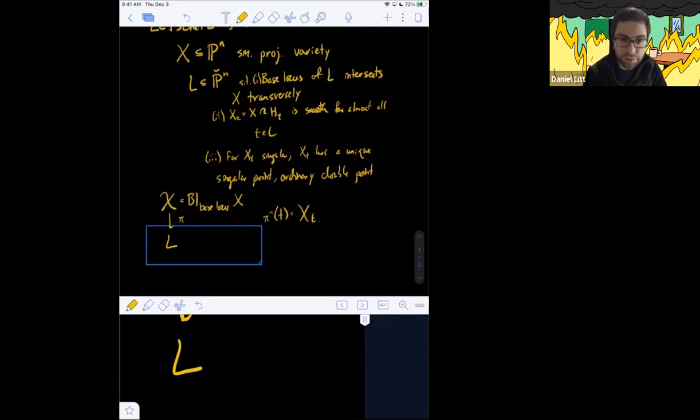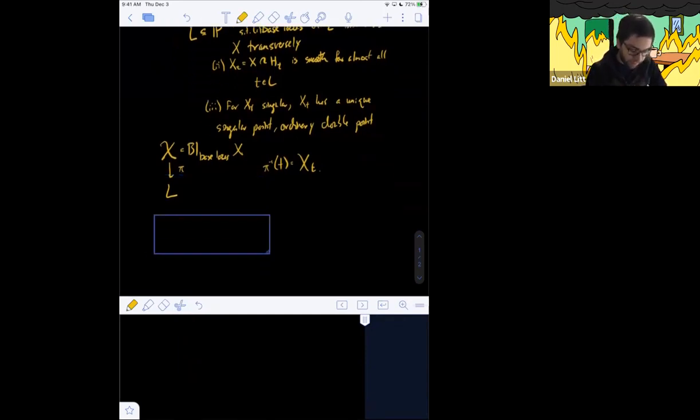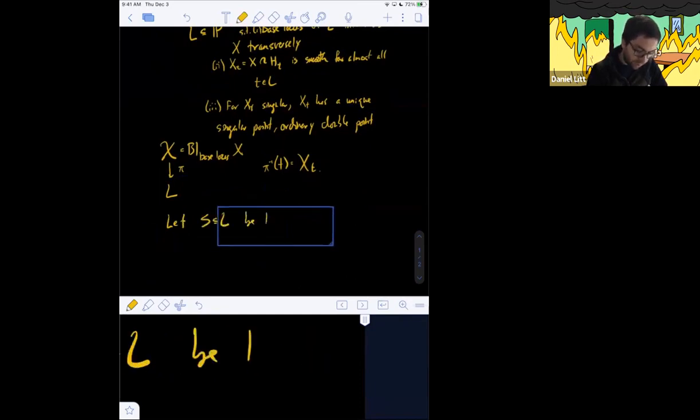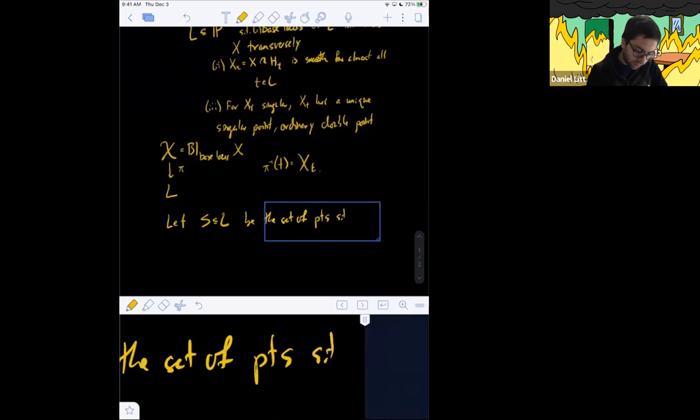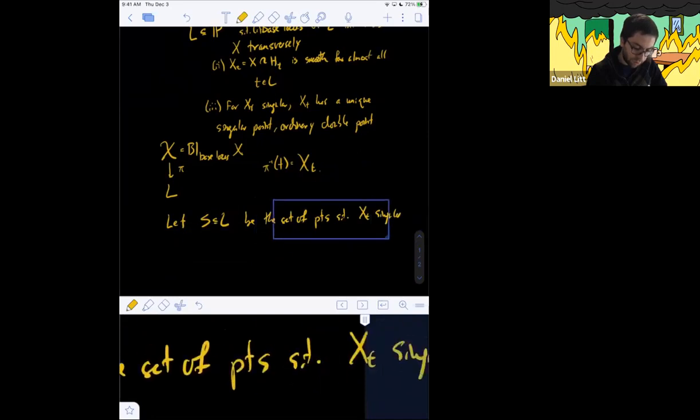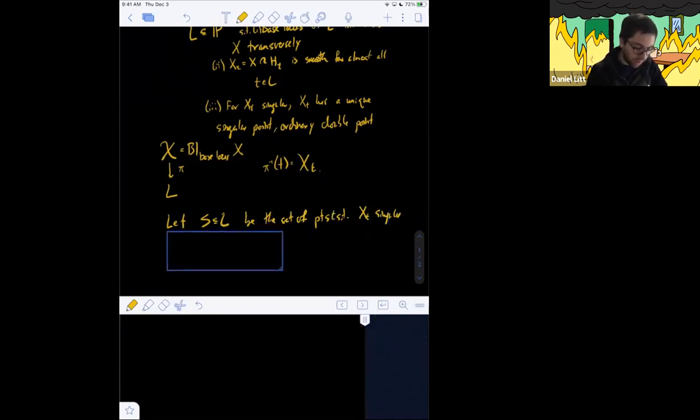And so what Ben asked was just to remind us, I gave some local statements about inertia subgroups of pi_1, and Ben wanted me to remind you guys what those are. And so let me do that. So what's the situation? Let's let S inside of L be the set of points t such that X_t is singular.